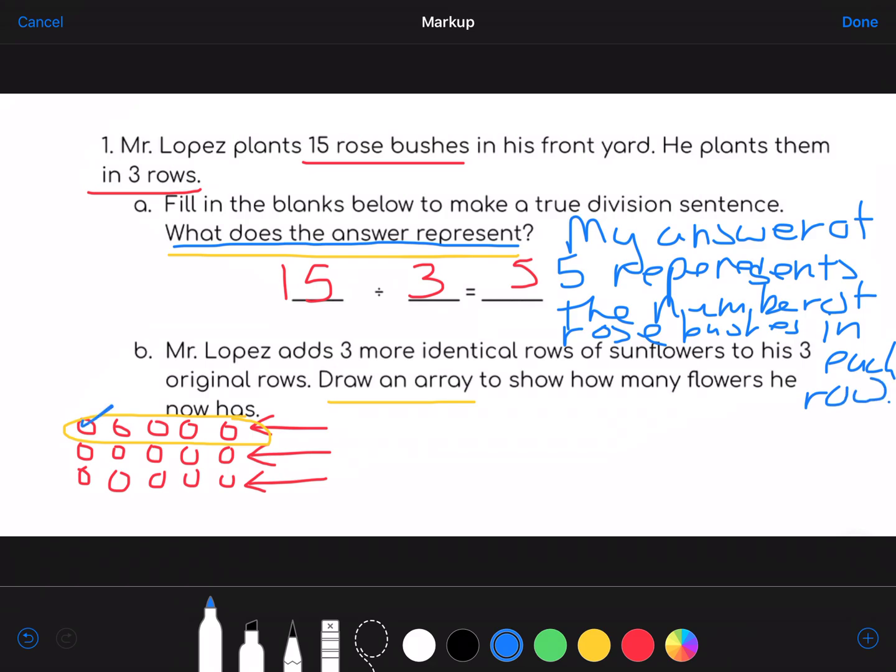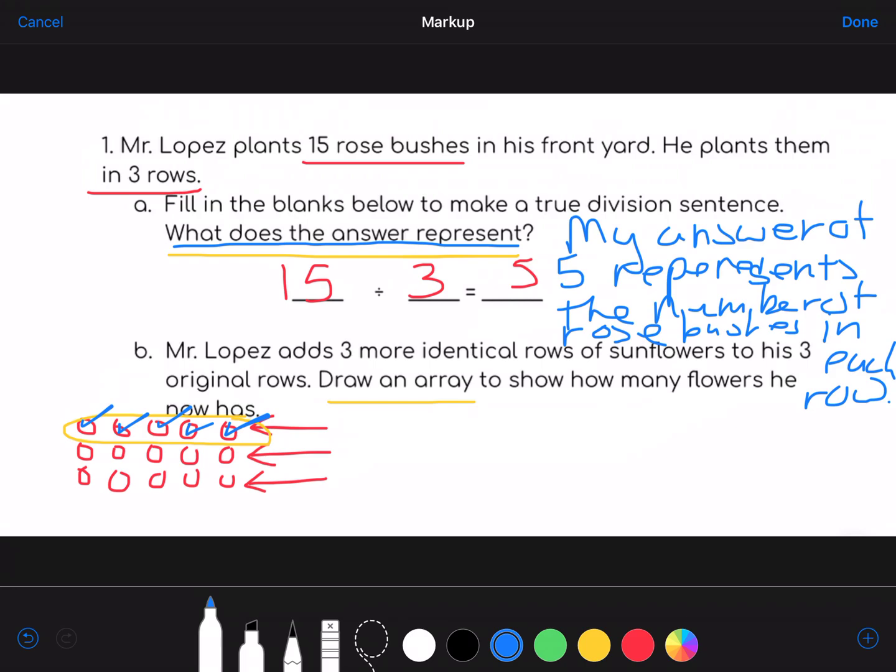Because there's a rose bush, there's a rose bush, there's a rose bush, there's a rose bush. Boom, 5 rose bushes in each row. So that's really important to remember to write that part about what does it represent.